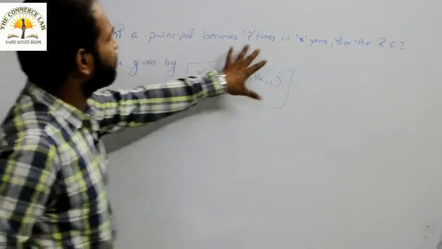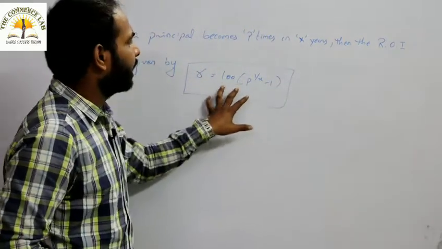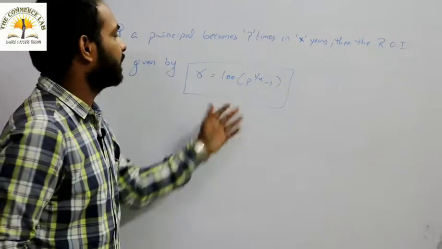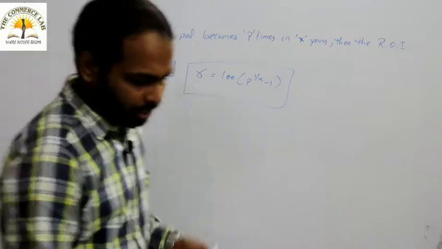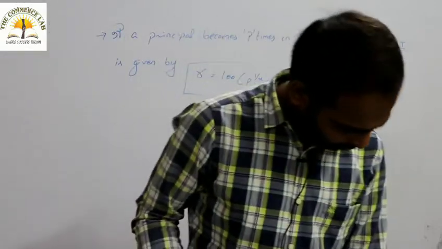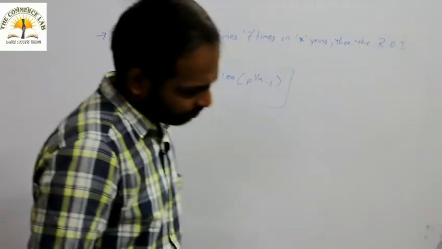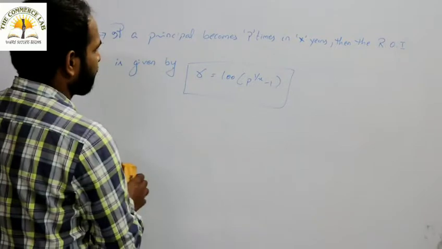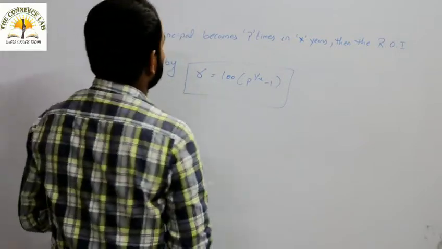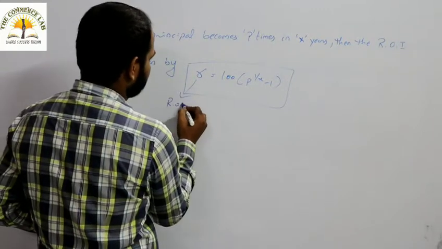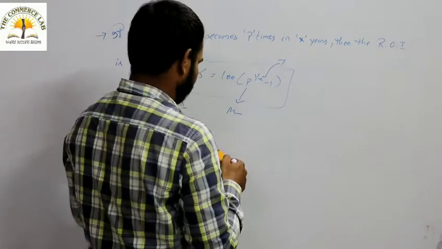If a principal becomes P times in X years, then the rate of interest is given by R equal to 100 into (P to the power 1 by X minus 1). It's a direct formula. So come for one example using this. Here R is the rate of interest, P is the number of times, X is the time period.